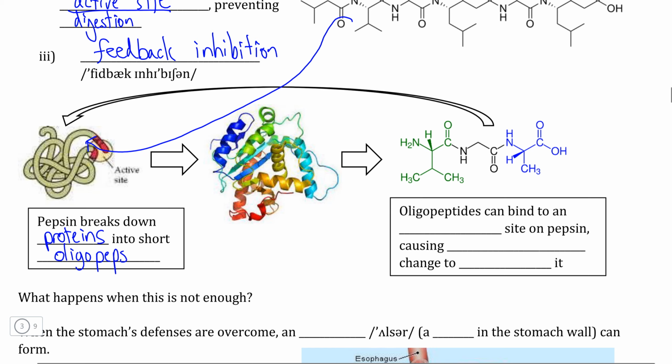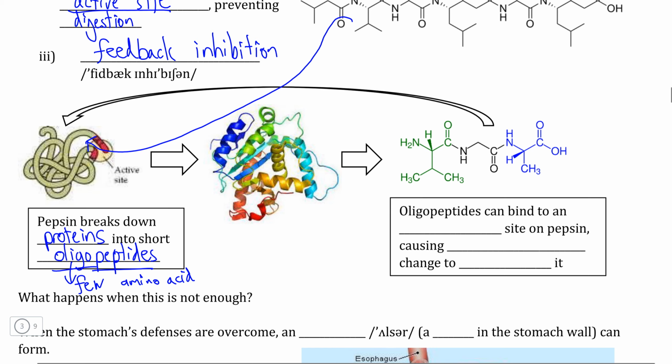If we take a look at this name, oligo is a prefix that means few, and peptide is another word for amino acid, meaning that an oligopeptide is a chain a few amino acids long, a byproduct of pepsin breaking down protein.